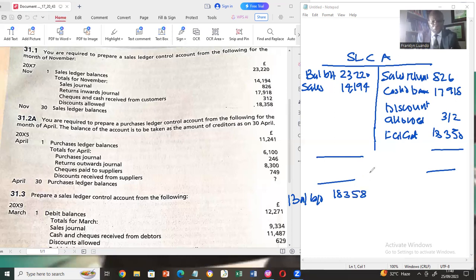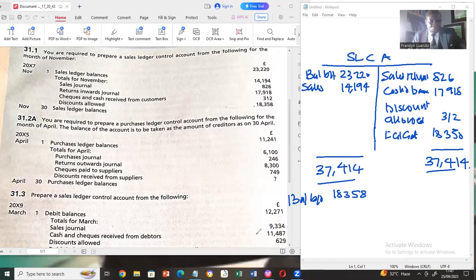The total here will be 23,220 plus 14,194, 37,414, which will be the same there. 37,414. So that is the sales ledger control account.